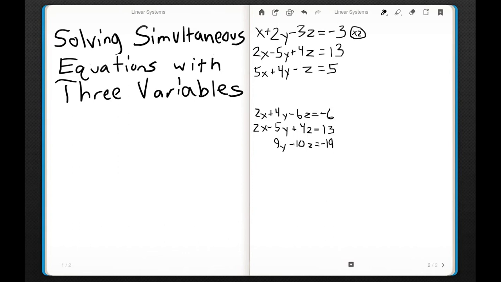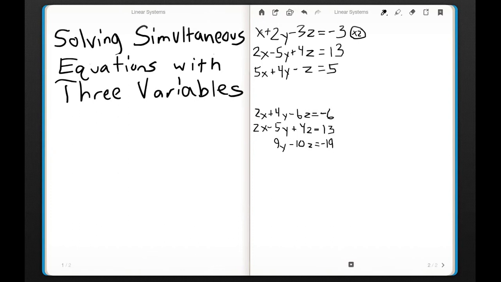Now what we need to do is get a second equation with 2 variables. And the variables need to be y and z, which means we once again have to come up with an equation that eliminates x. So now let's pick another set of 2 equations here. We already did the first and the second. Let's try the first and the third now. So we need to eliminate x once again so that we're left with y and z.